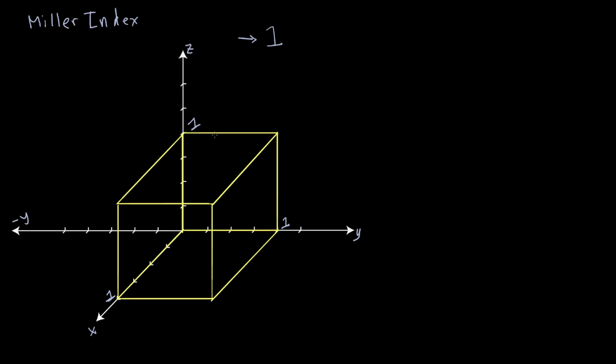We would do the same thing for a rectangular cell or a rhombohedral cell or a triclinic cell. And we can look at the crystal planes restricted to inside just this one cell.